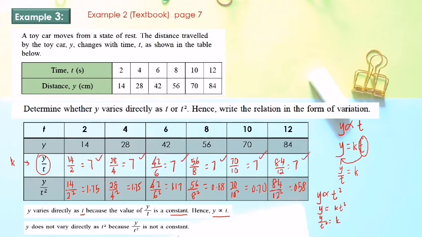Okay, for the second line, y does not vary directly as t square because y over t square is not a constant. Because when you look at the figure, only the first and the second figure is the same, and the third, fourth and the rest are different. That's why y does not vary directly as t square.